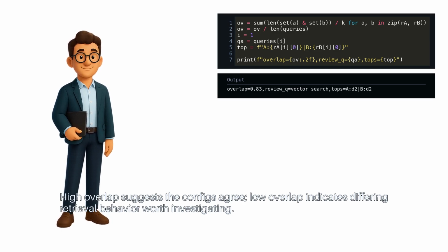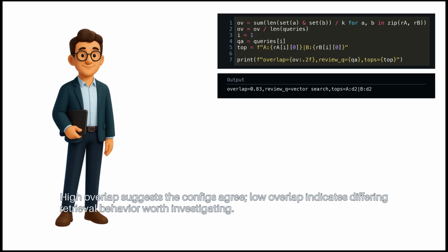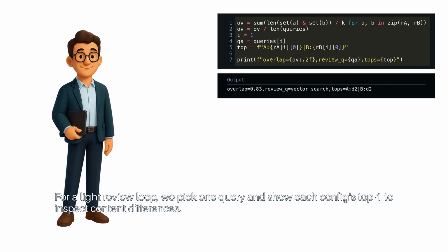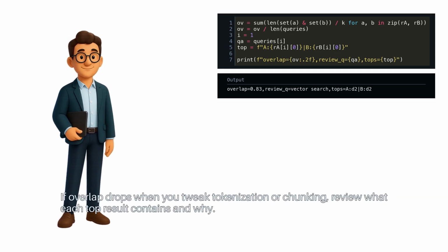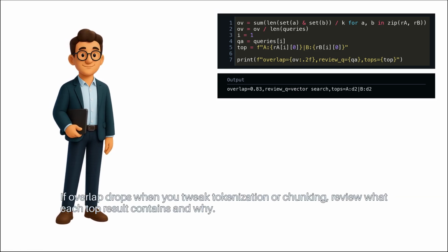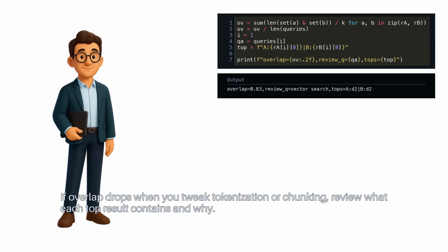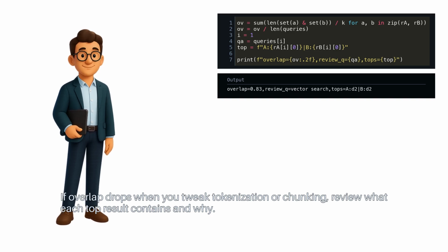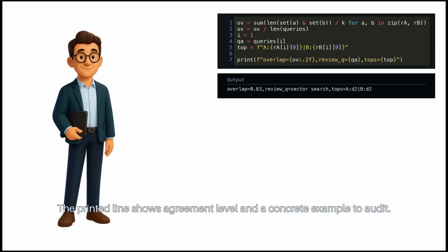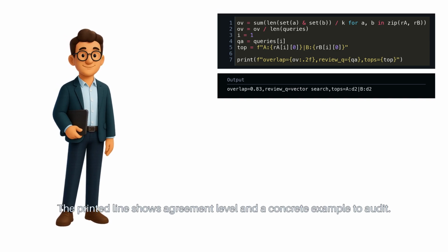Low overlap indicates differing retrieval behavior worth investigating. For a light review loop, we pick one query and show each config's top one to inspect content differences. If overlap drops when you tweak tokenization or chunking, review what each top result contains and why. The printed line shows agreement level and a concrete example to audit.